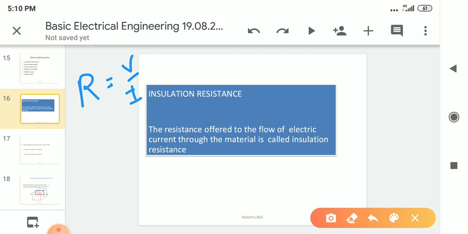Depending upon this resistance only, the electric flow will be stopped or obstructed. So in depth we have to study this insulation resistance. This insulation resistance is of two types. One is volume resistance and the second one is surface resistance.